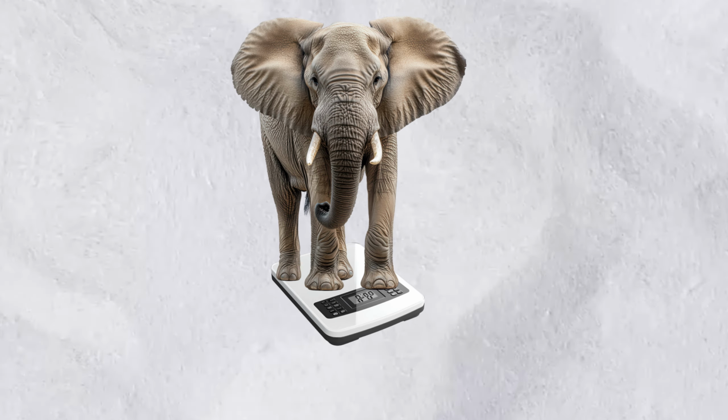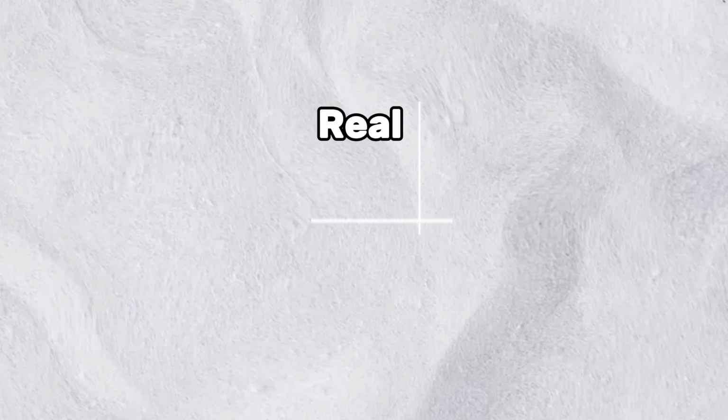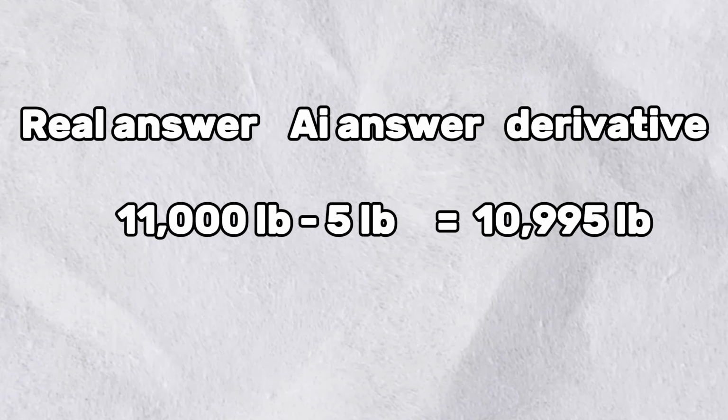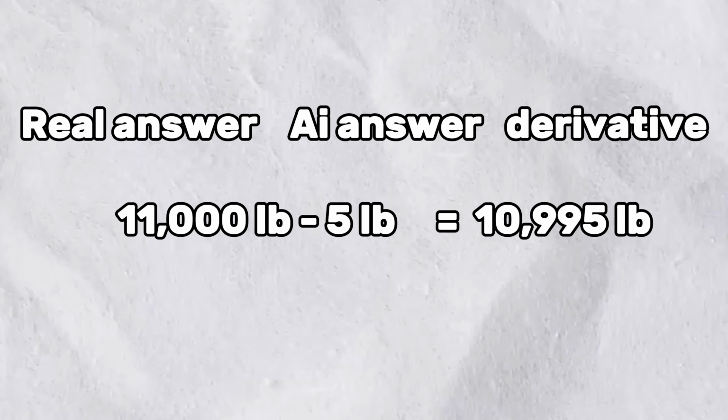For example, if you ask AI how much does an elephant weigh, and it says 5 pounds, you know that's an error. So you subtract that from the real answer, and then you can see how much the error changes.